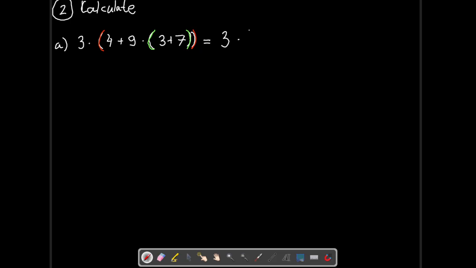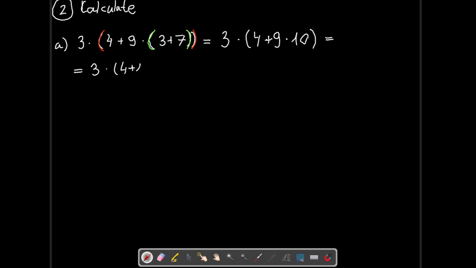So 4 plus 9, sorry, times 3 plus 7 is just 10. Okay. Now, no more inside brackets. Everything that's left inside our bracket here is multiplication and addition. So let's just multiply 9 and 10.